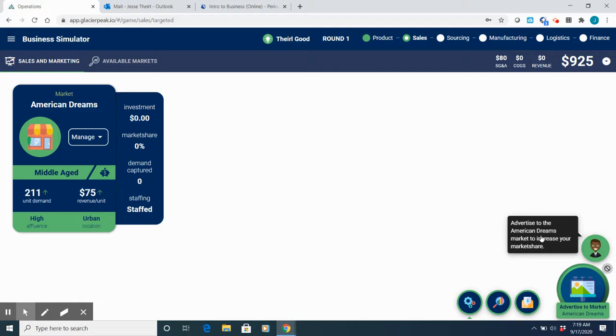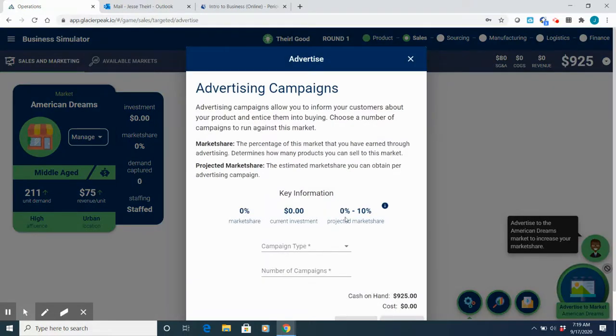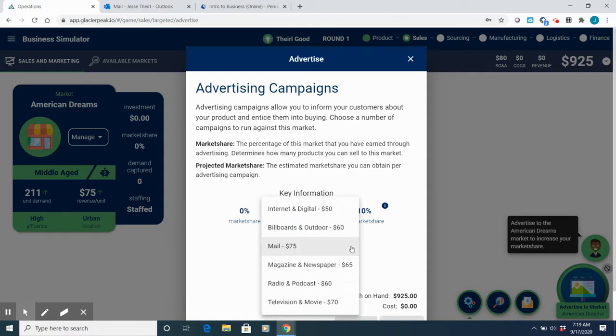It says advertise to the American Dreams market share to increase your market share. So you can read about advertising campaigns here. The one thing that I would try to think about as we look at the campaign type is if they're younger, generally there's more digital ways of reaching them, which are probably better.